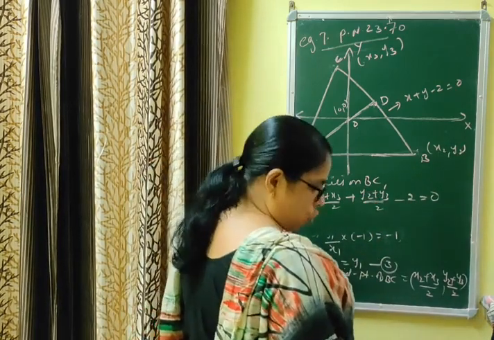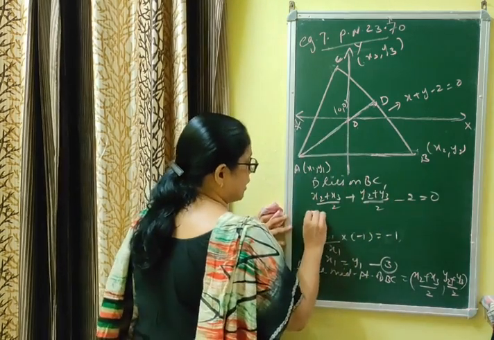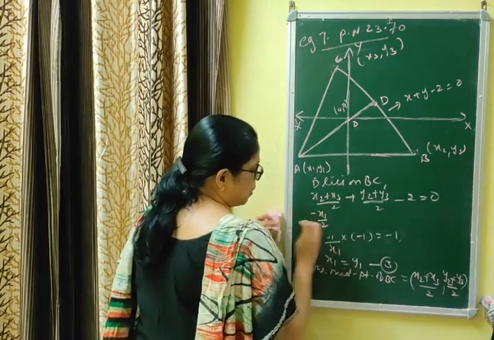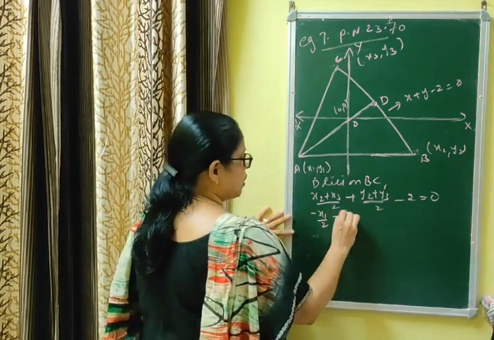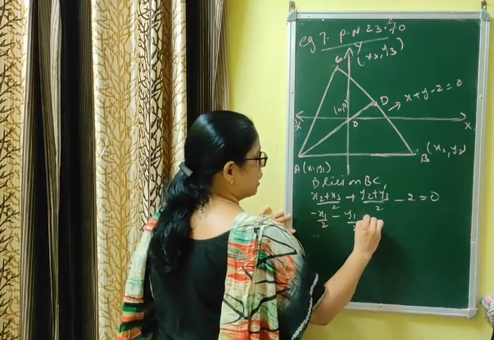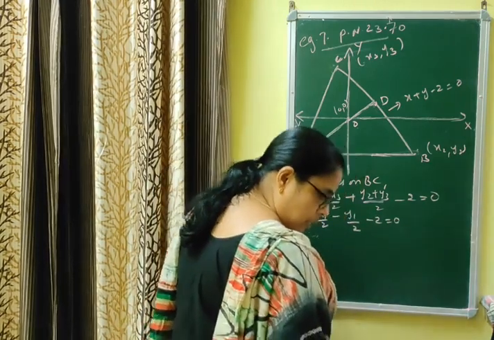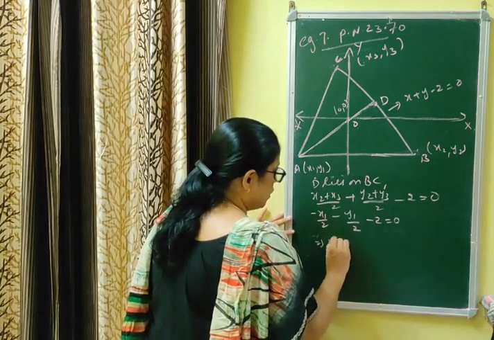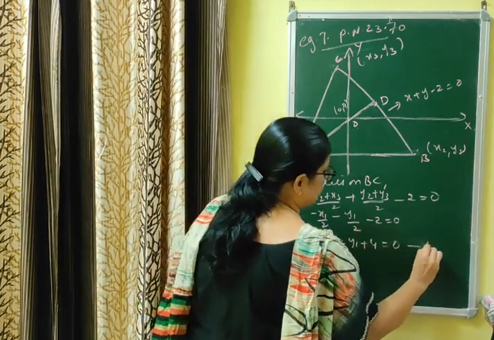Now you have got the value of x2 plus x3 as minus x1, from one of the equations, which you can check yourself. So minus x1 by 2 minus y1 by 2 minus 2 is equal to 0. Simplifying this, you will get x1 plus y1 plus 4 equal to 0, that is equation number 4.